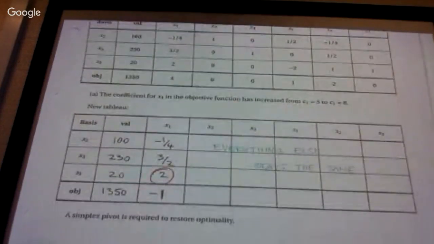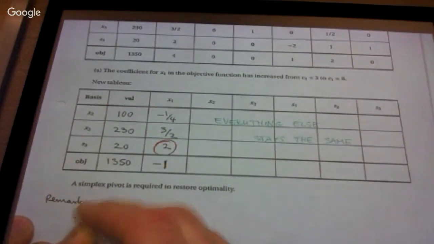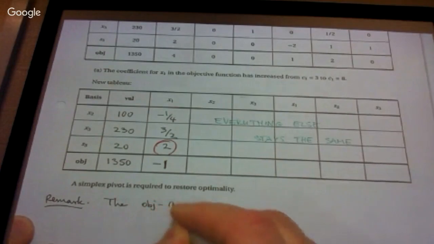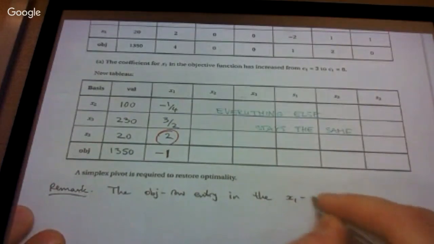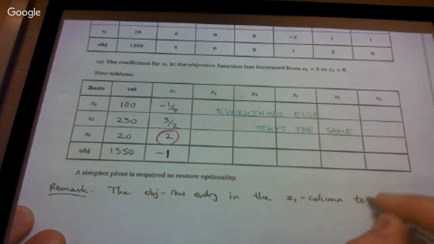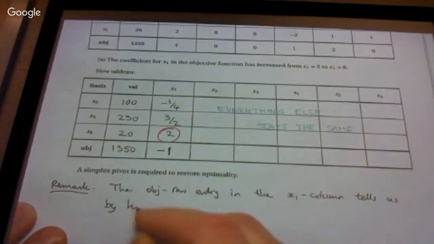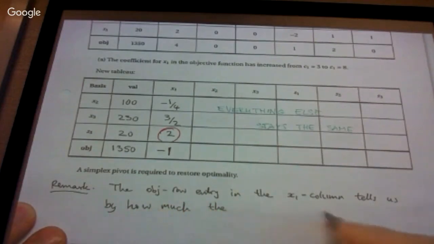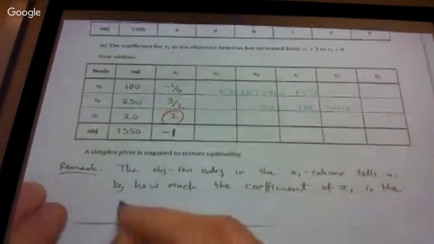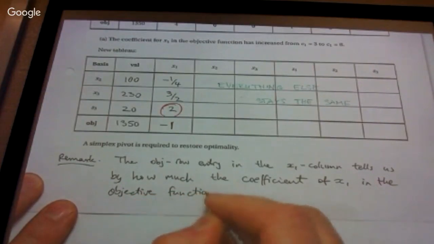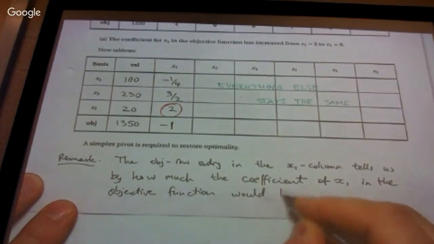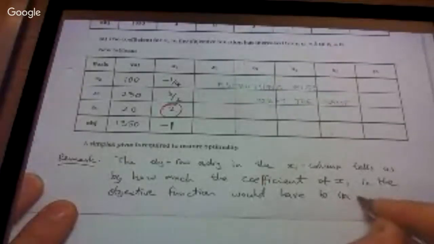Anyway, just as a remark, the objective row entry in the x1 column tells us by how much the coefficient of x1 in the objective function would have to increase for x1 to enter the basis.